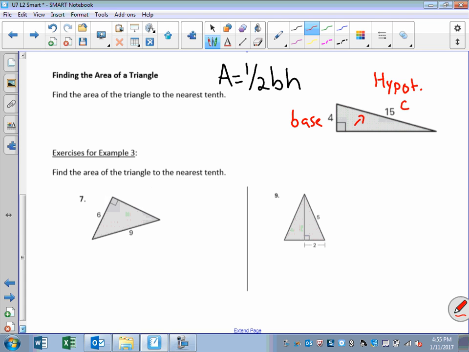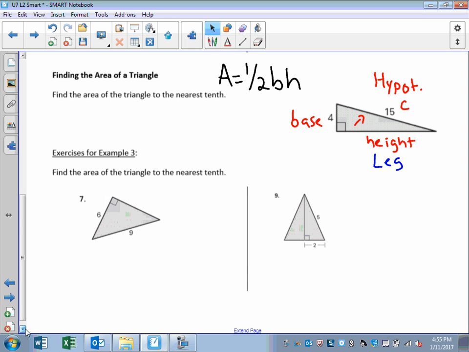We need to find the height, which is the same thing as finding a leg, because we know the hypotenuse. So we're going to apply the same kind of principle. We would set it up using a squared plus b squared equals c squared.